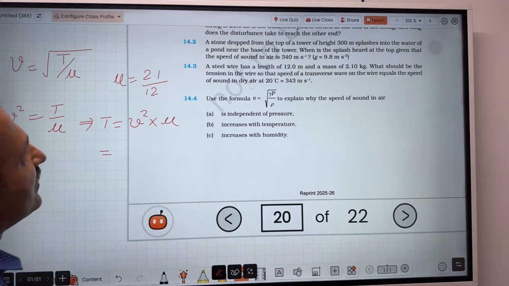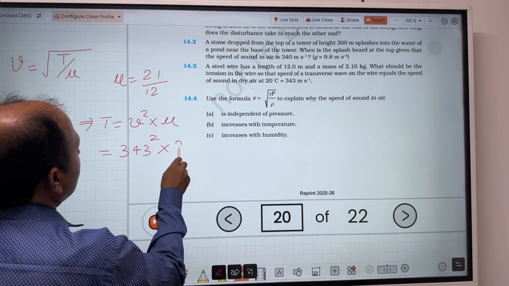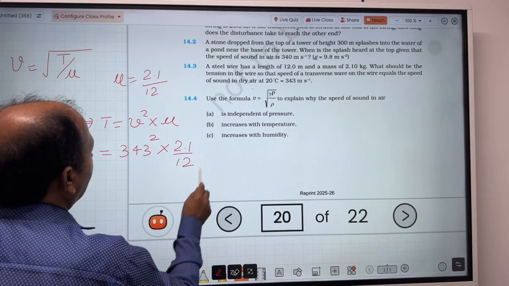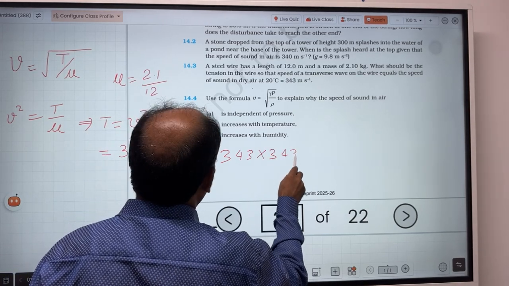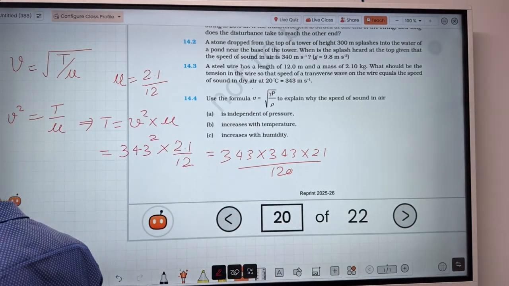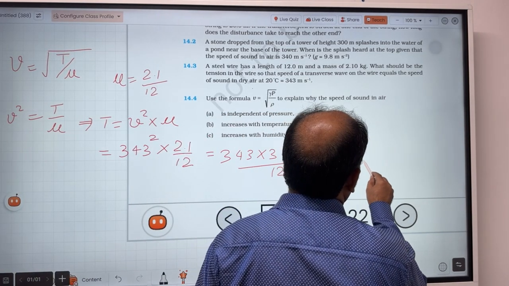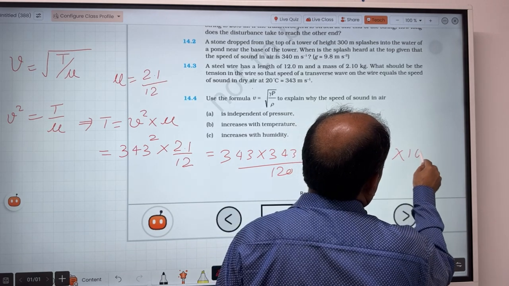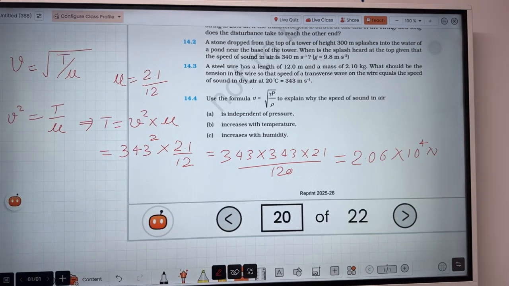V square means speed of sound, that is given, 343 whole square into mu, which is 2.1 divided by 12. Now what is left? 343 into 343 into 21 divided by 120. We can simplify it. So it will come out to be 2.06 into 10 power 4 Newton, right? So question is simple.